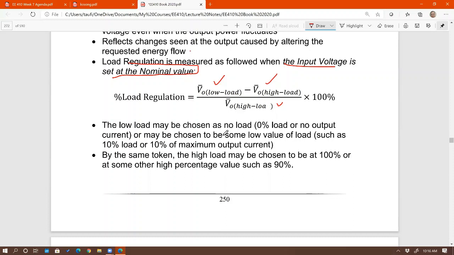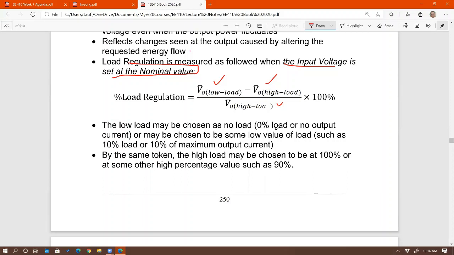So based on continuous conduction mode, you have to be able to test the load regulation while the inductor current is maintained in continuous conduction mode operation. Don't worry about it for now.